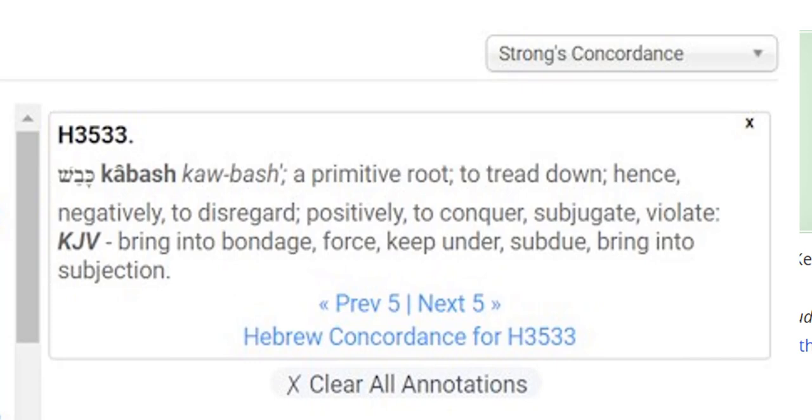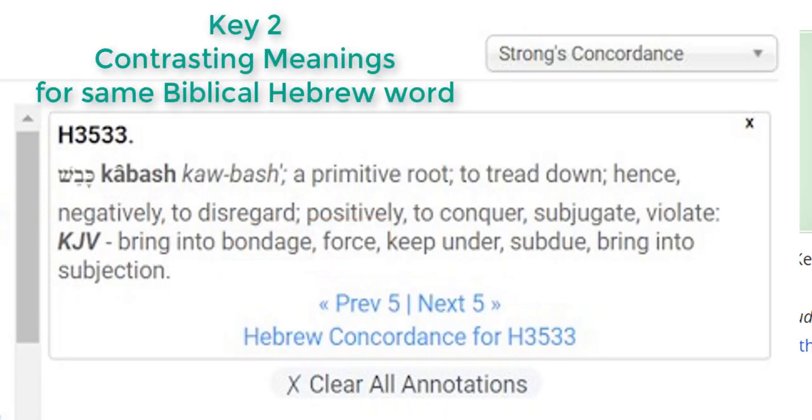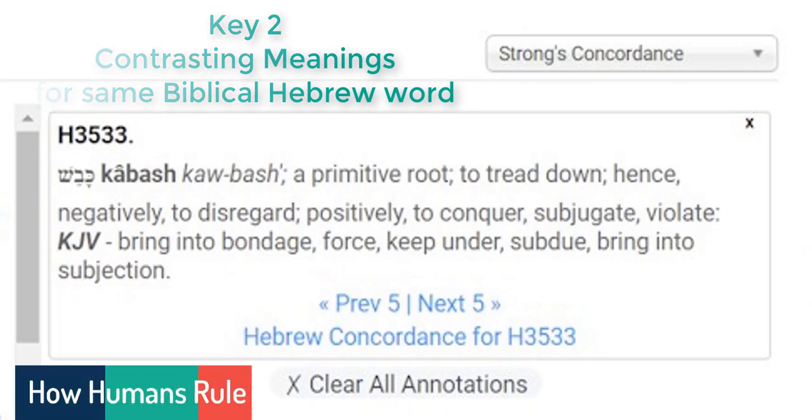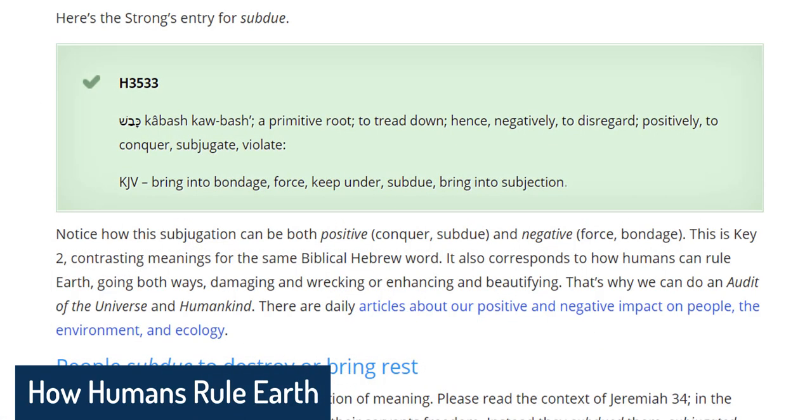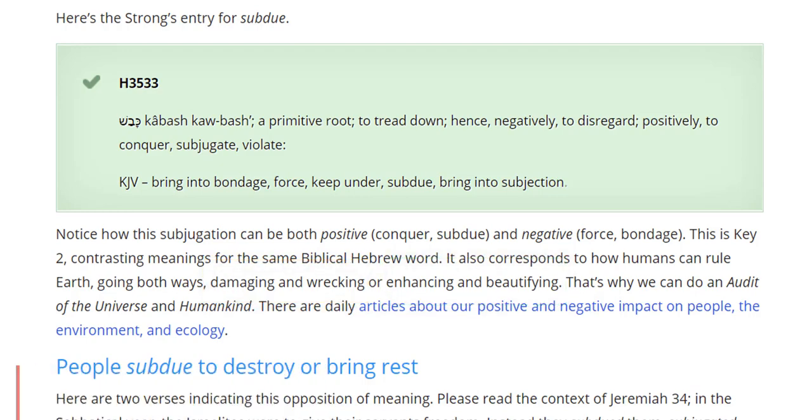H3533. Notice how the subjugation can be both positive, conquer, subdue, and negative, force, bondage. This is key 2, contrasting meanings for the same biblical Hebrew word. It also corresponds to how humans can rule earth, going both ways, damaging and wrecking, or enhancing and beautifying.